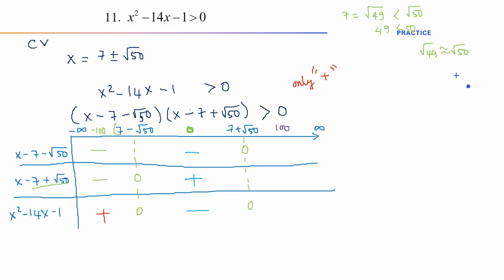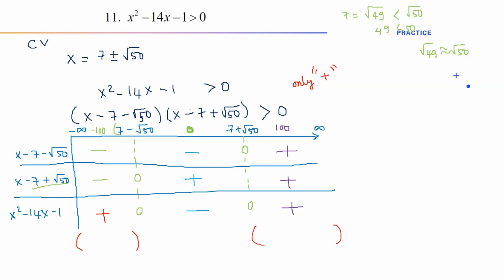So for 100 to subtract 14 is still positive, right? 100 subtract 7, add that, of course, positive. So that will make positive, and we only want the positive. It means we only want this region, right? But parenthesis, because we only want the positive part.